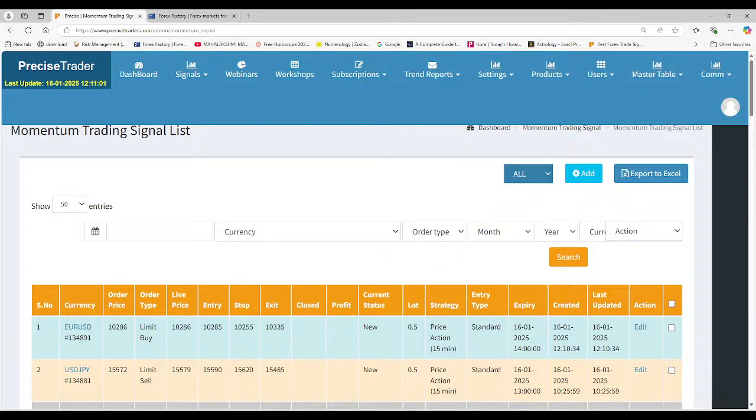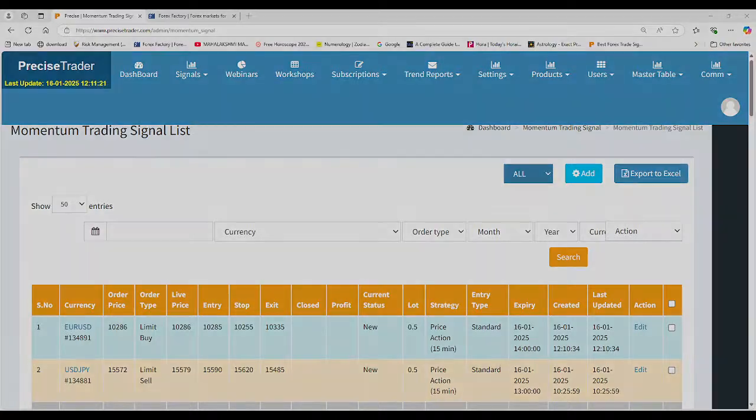So this is our game plan, and this is how we should be looking to go for the trade. Okay, next, let's move on to the next cross.